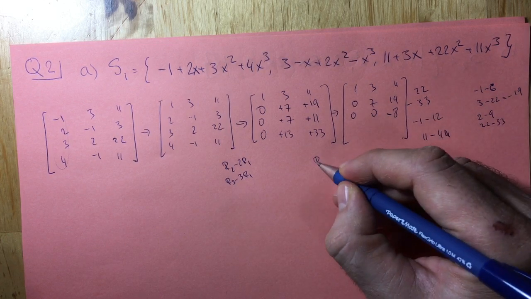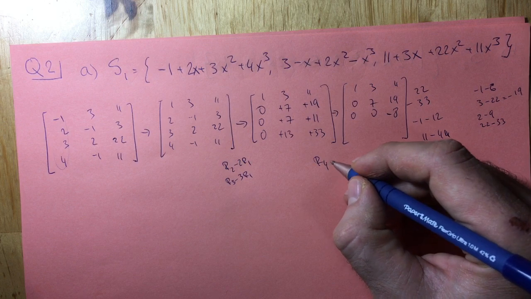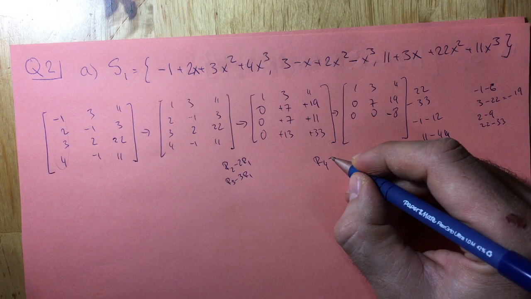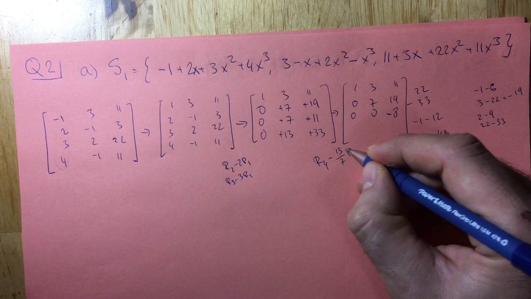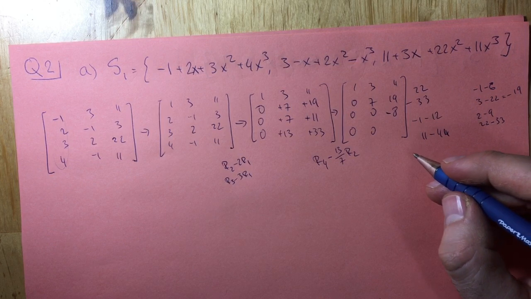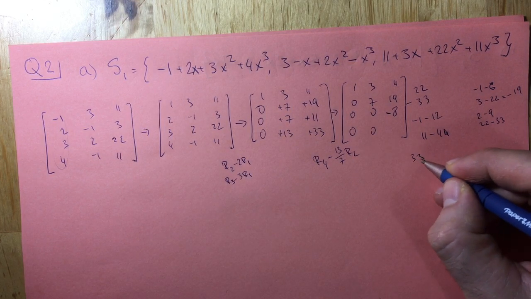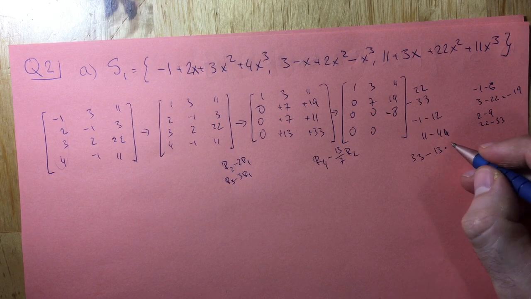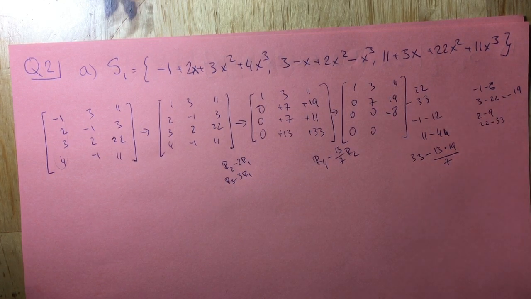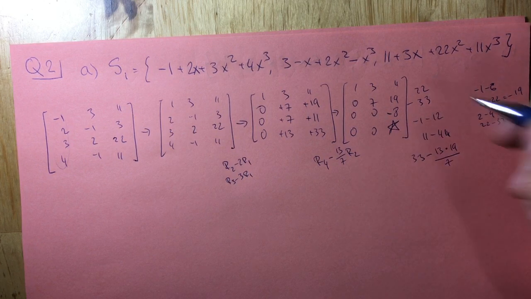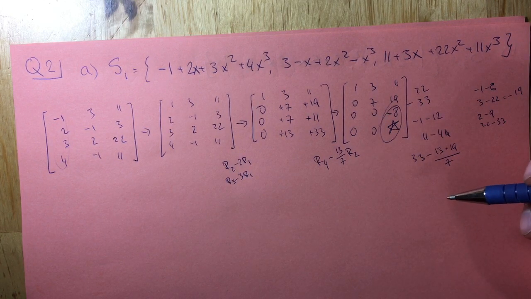And then row 4 minus 13 over 7 row 2, so 0, 0, and then 33 minus 13 times 19 over 7, which gives me, well, whatever number it gives me, I can see that I will not get a, oh no, sorry.